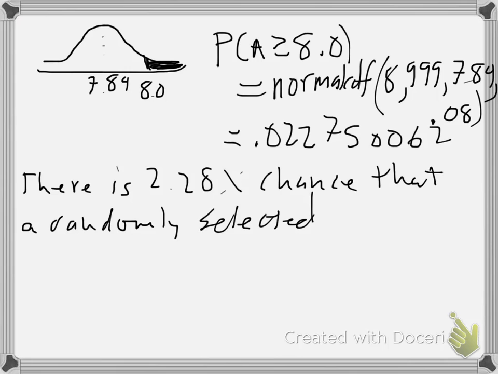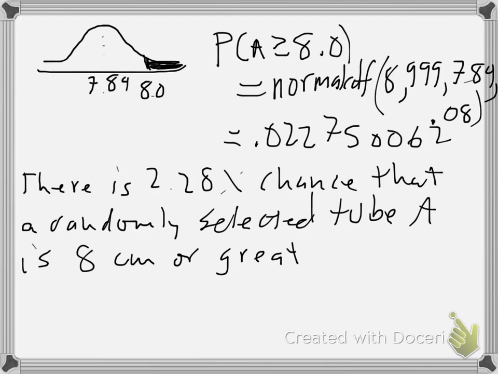I know it sounds awkward, but it's all right. I know the question asked for the greater than or equal to, we know we can drop it on a normal distribution, but since that's what the question asked, that's why I'm going to throw in that or greater part.